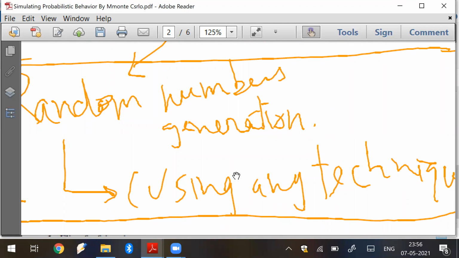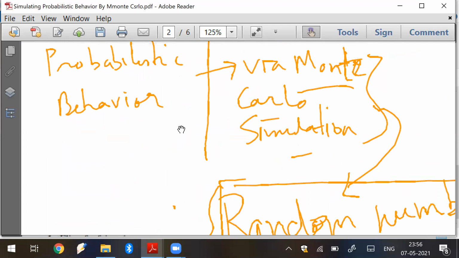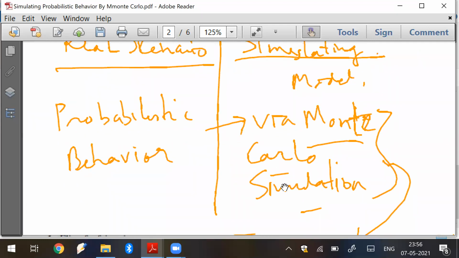Up to now we have learned two techniques as per our syllabus, so we can use either of these two. The most important thing we will learn today is how to write down the algorithm for the Monte Carlo simulation so as to generate, say, the data set of a fair coin toss, or the data set of throwing a dice or an unfair dice, like that.